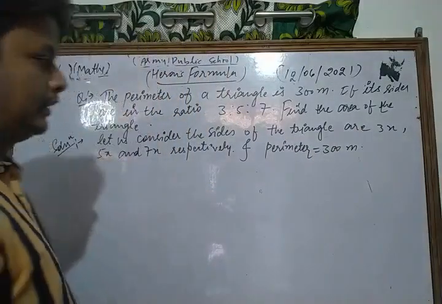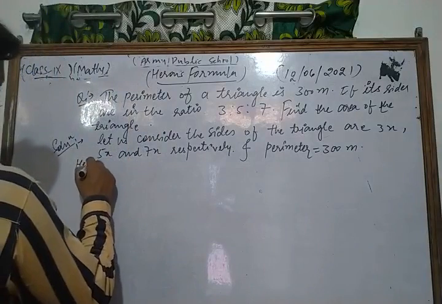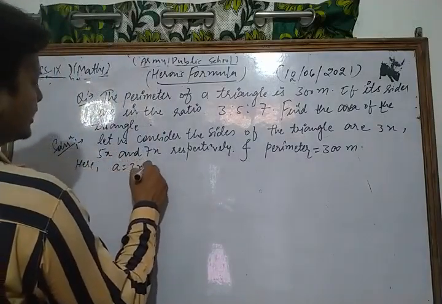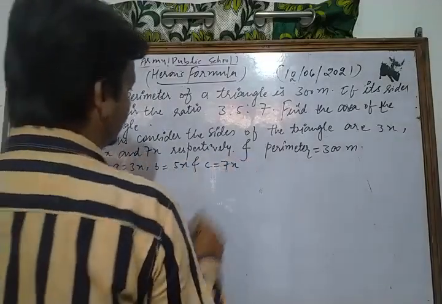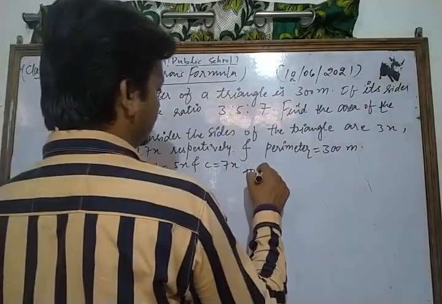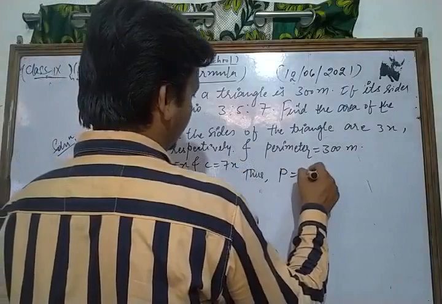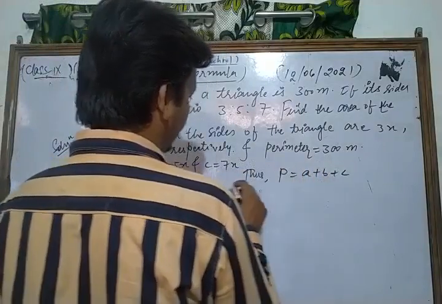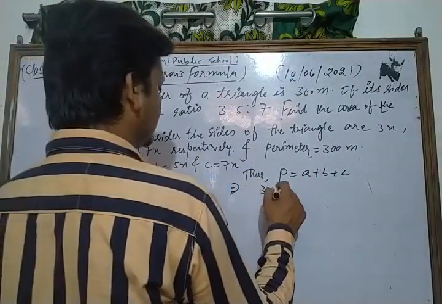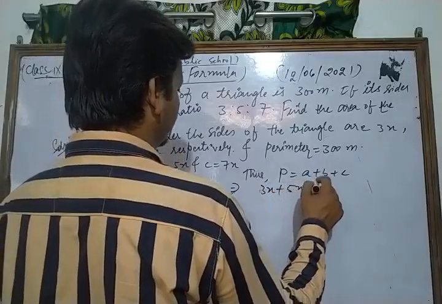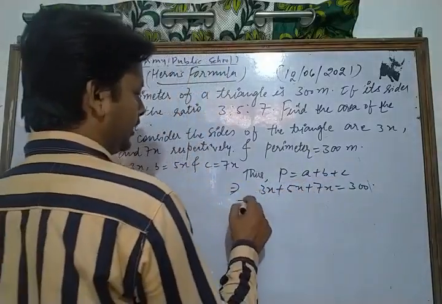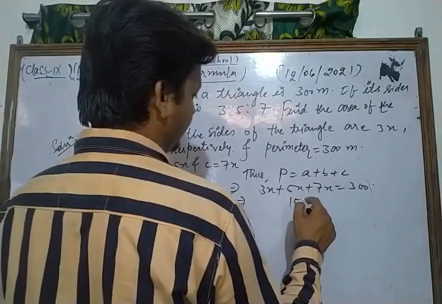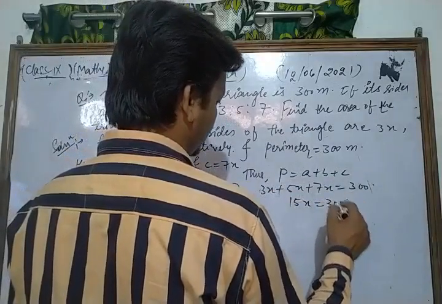So here its sides A take as 3x, B take as 5x and C take as 7x. Thus the perimeter is A plus B plus C, that is 3x plus 5x plus 7x is equal to 300. Now we simplify them. This is 15x is equal to 300.